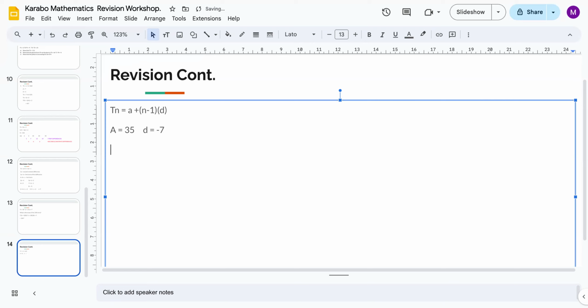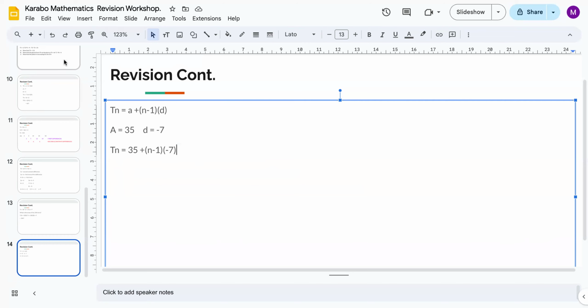Now we have enough information to derive our nth general term. So Tn is equal to 35 plus n minus 1 times our constant difference, which is -7. Again, if they ask you to simplify, you can simplify this. If they don't, you can leave it in this form. It's the same thing. Okay.